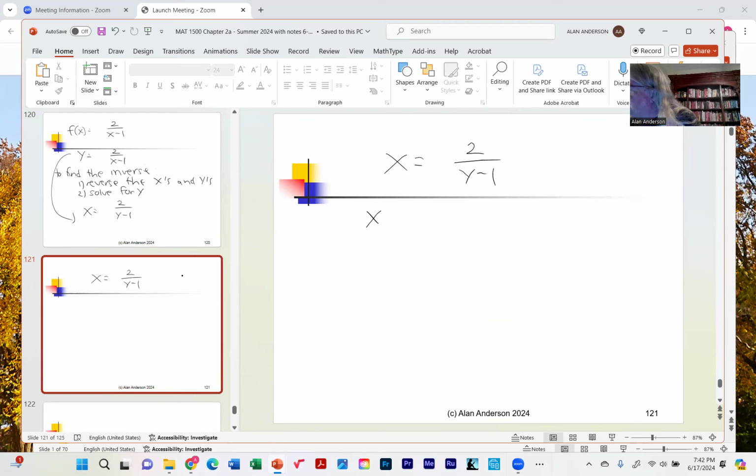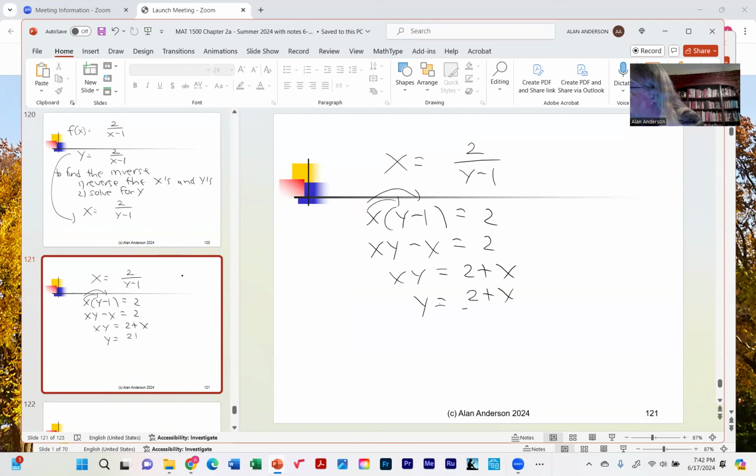Then we multiply both sides by y minus 1, and we rewrite this as xy, distributing the x over y minus 1. I add x to both sides, divide out the x on both sides, and this is the inverse.